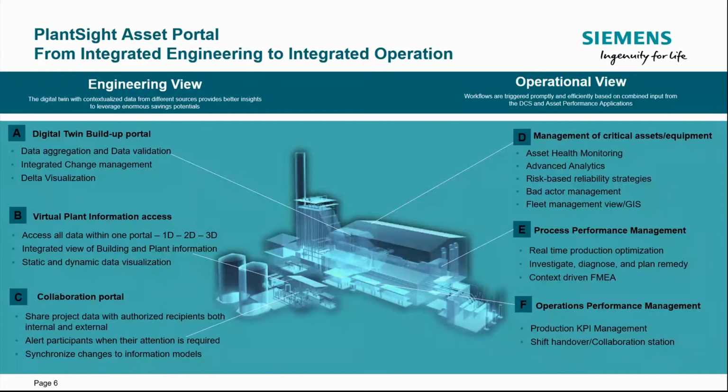We can have real-time production optimization, and we can have KPI management, and this is going to facilitate shift handover, for example, easily. And this right-hand side is the part for which we're going to have the live demonstration today with Gerd. And some of these examples here, we're going to see live.